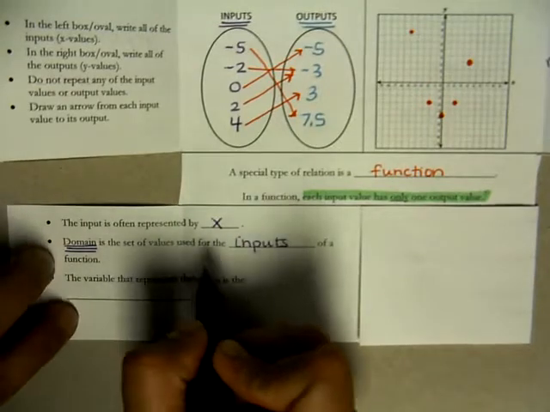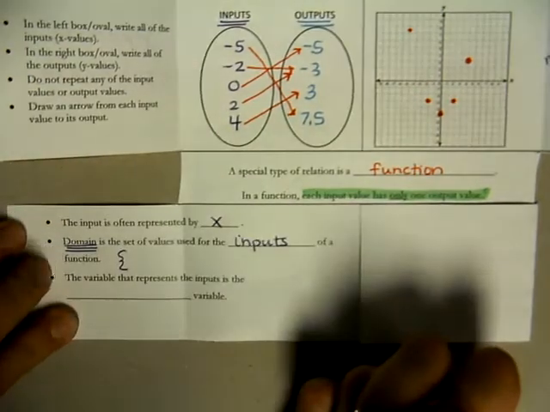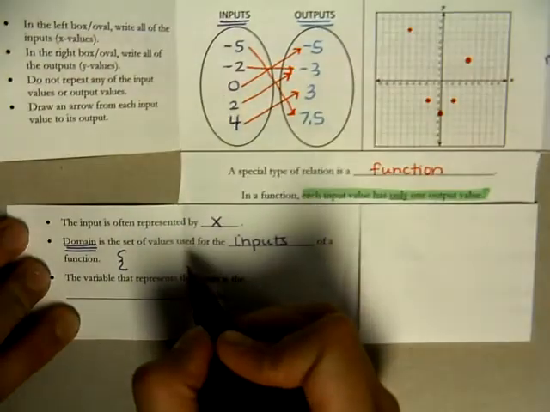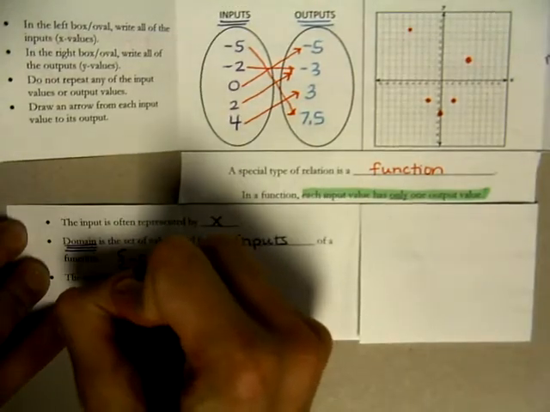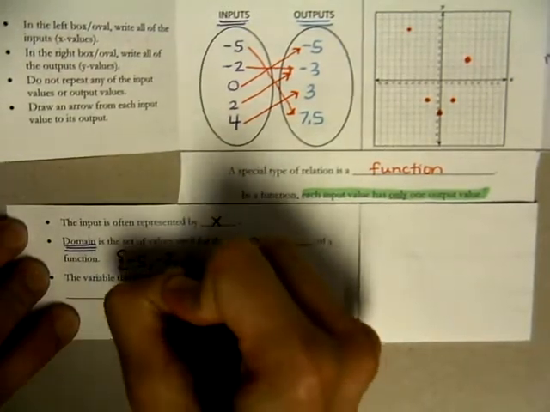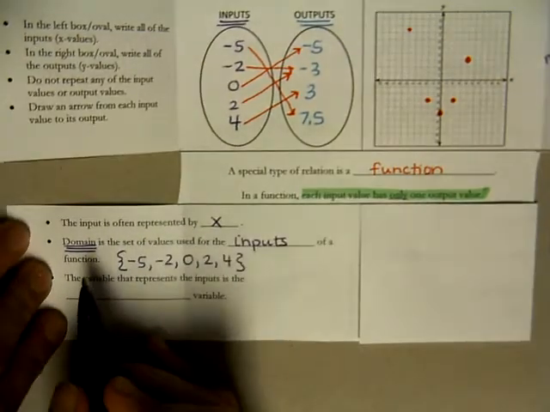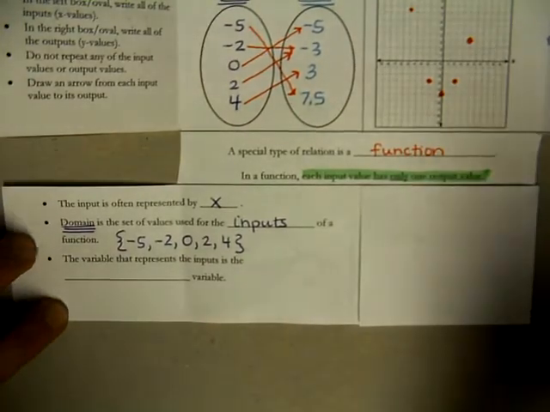If we're listing the inputs for the domain, because we're talking about a set, we're going to use set notation using the brace. And now we're going to list the inputs in increasing order. So -5, -2, 0, 2, and 4. So if I asked for the domain, this is how we would write the domain of the relation above.